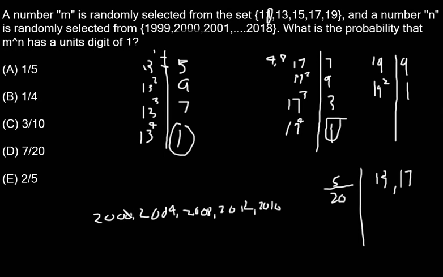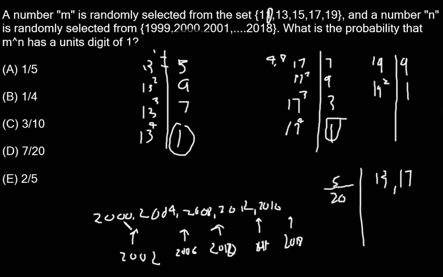So any even power. So what are all of our even numbers in here? We have 2000, 2002, 2004, 2006, 2008, 2010, 2012, 2014, and then 2016, and then 2018 also.